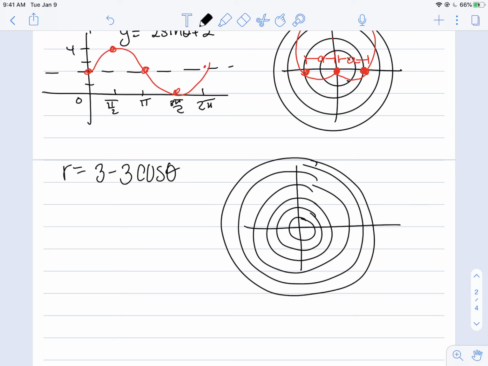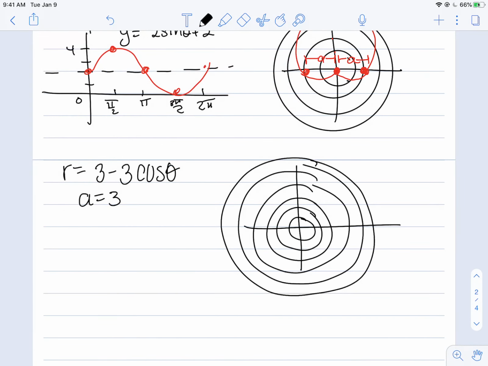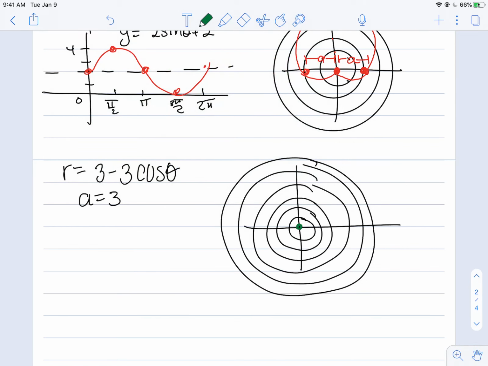And I know it's a cosine, so horizontal axis symmetry. I know my a value is 3. And I know these cardioids hit the origin, and then they go a units one way, a units the other way. I know it's a minus, so it's going to point left. And I'm going to go out 6 rings, 1, 2, 3, 4, 5, 6, furthest from the origin. So my graph is going to look like this.